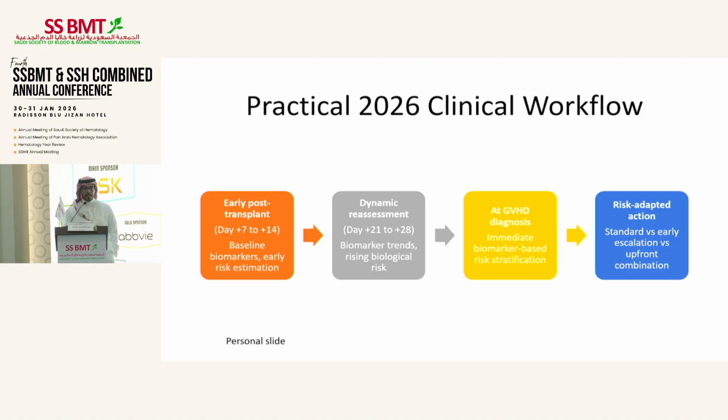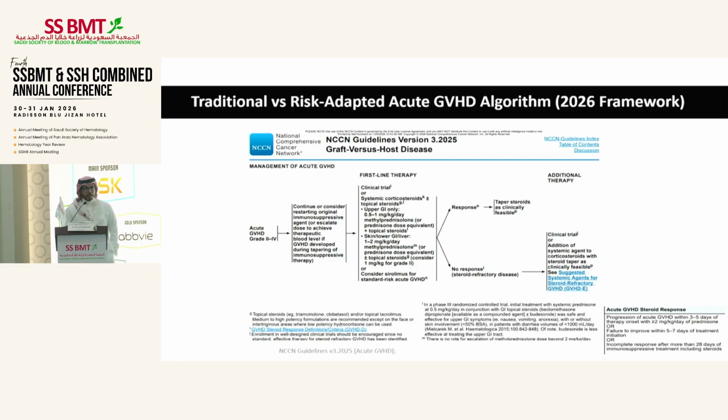If the patient is low risk, you will go with the standard regimen of steroids, giving the patient enough time and likely tapering steroids early. If the patient is intermediate, you will probably do early escalation to a second-line agent. Or if the patient is high risk, then you will go with upfront combination from the beginning.